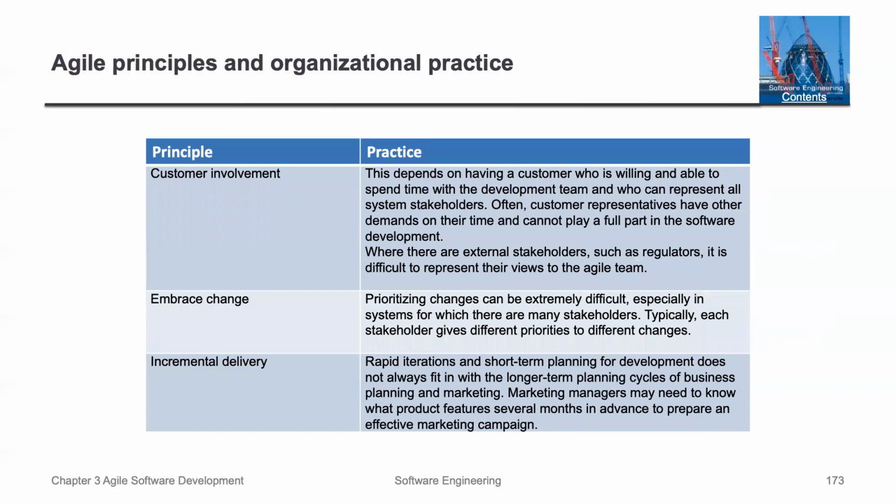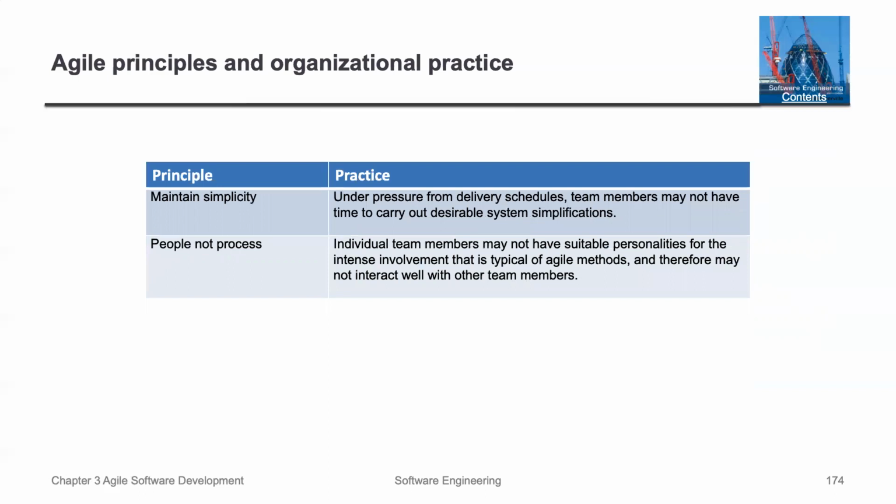In terms of the agile principles and organizational practices, I won't read these, but you need to ensure that you have customer involvement. You need to have the ability to prioritize and embrace change. And you need to be able to have incremental delivery and see how you can do rapid iterations in short periods of time.